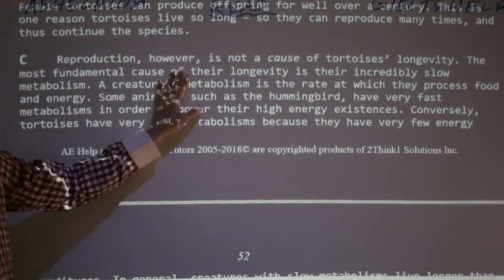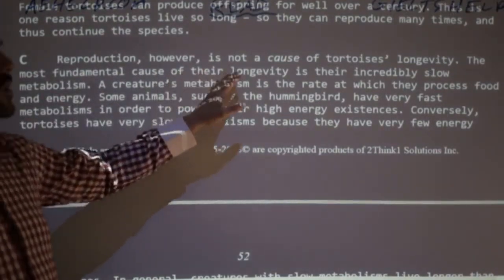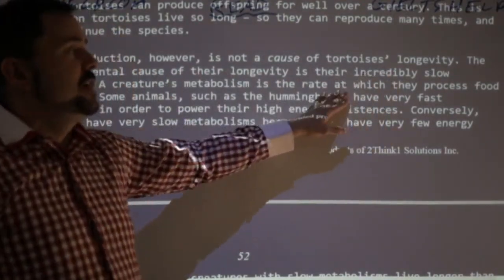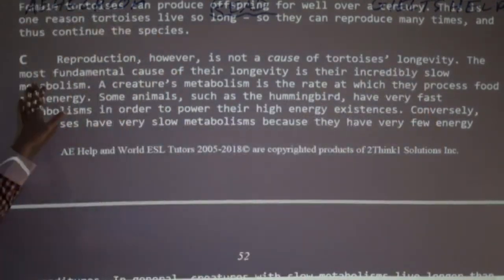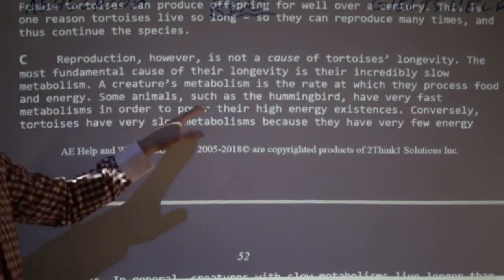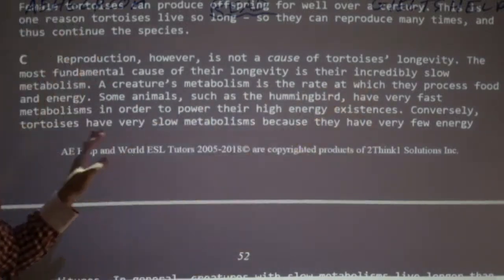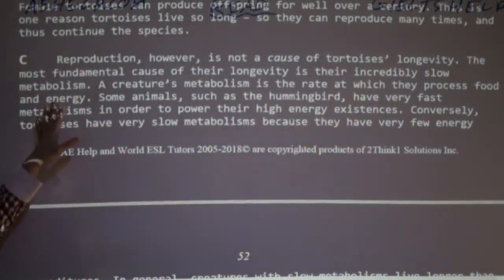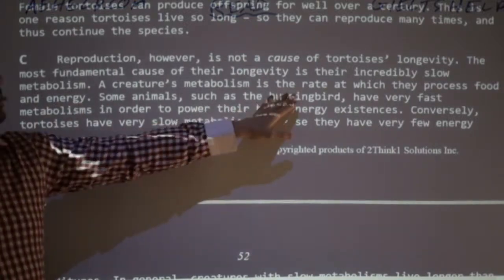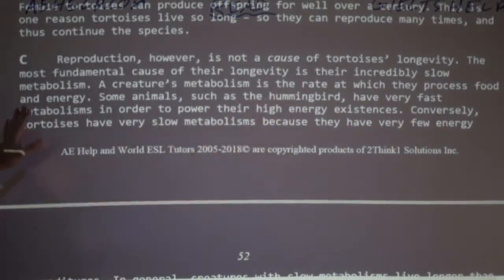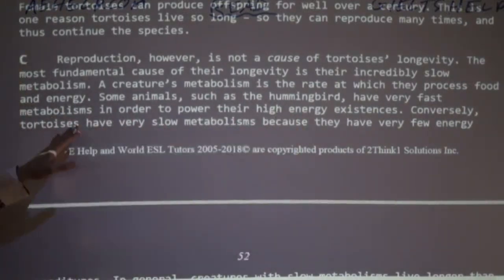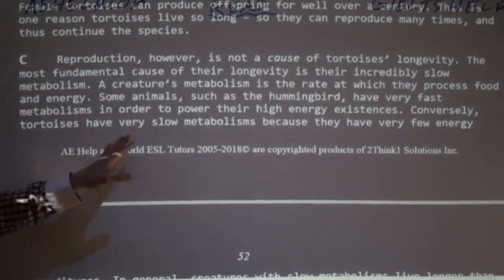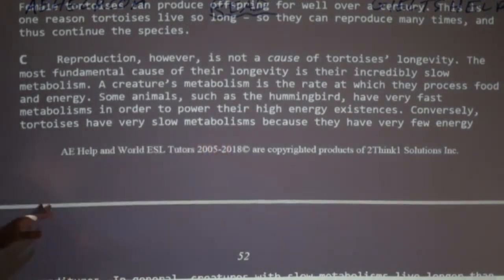Reproduction, however, is not a cause of tortoises' longevity. Longevity means long life. The most fundamental cause of their longevity is their incredibly slow metabolism. A creature's metabolism is the rate at which they process food and energy. Some animals, such as the hummingbird, have very fast metabolisms in order to power their high energy existences.